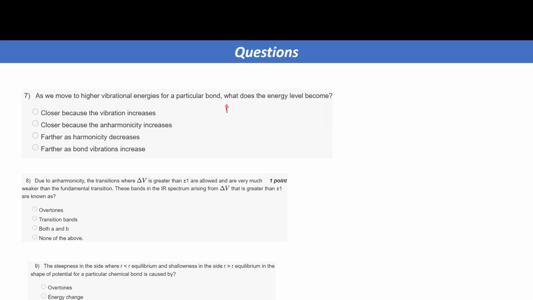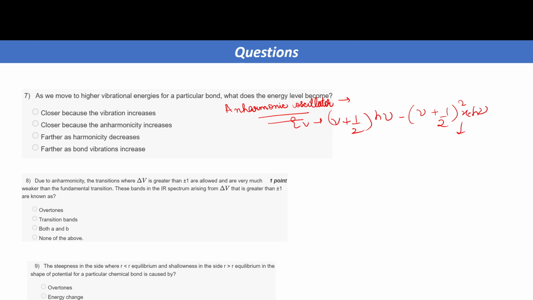So we know for an anharmonic oscillator, the energy is given by (v plus half) h nu minus (v plus half) whole square xe h nu. xe is your anharmonicity constant.